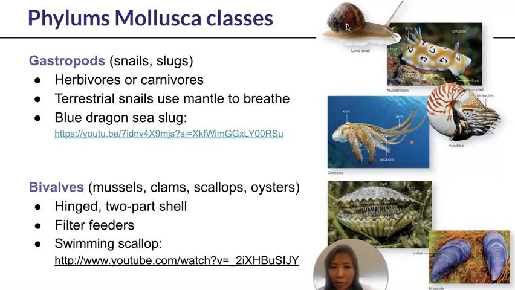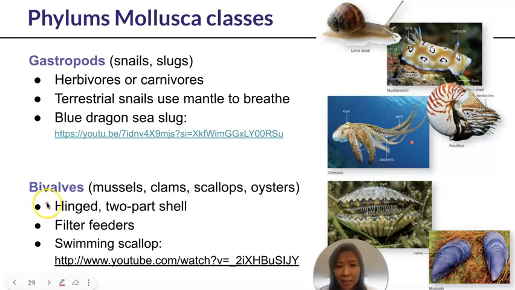One of the interesting gastropods that I think is super pretty, but also extremely dangerous, are the blue dragon sea slugs. I'm putting a link there just so you can see them. But if you ever see these in the wild, do not pick them up, do not touch them. They're beautiful, really bright, but don't touch them.